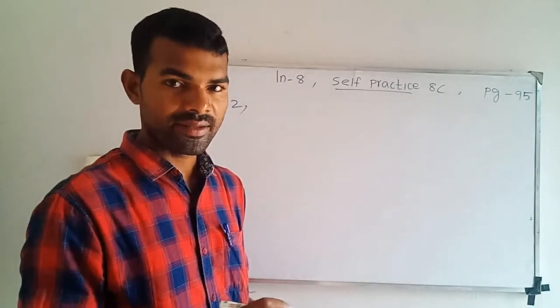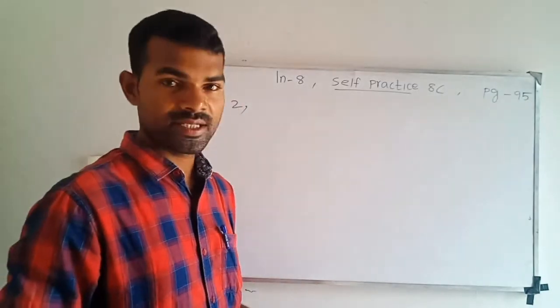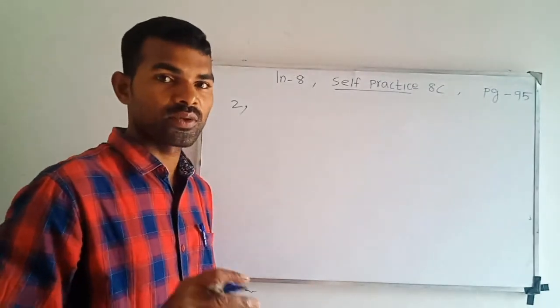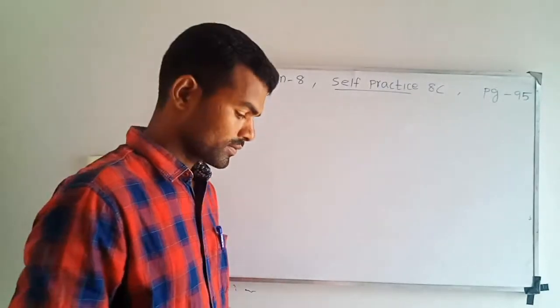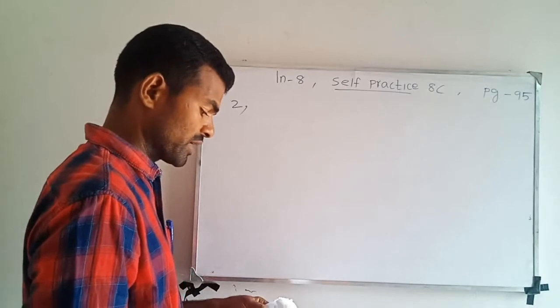Just take your book and see the question. If you follow the question, it's very easy to understand. First read the question 2 or 3 times. So 1/4 of the students are in the animation club.